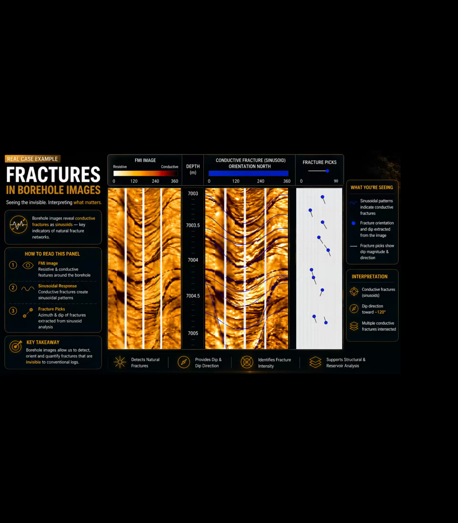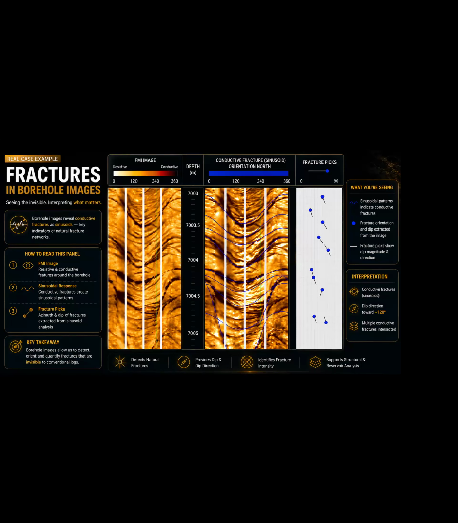Fractures are like a two-edged weapon in oil production. A lot of times, it's important because it will enhance the porosity and permeability. So we want to identify the fractures and see how they look, the orientation and the nature of the fracture, whether it's open or closed, and also whether it might be sealed. So FMI or borehole image is an important tool.